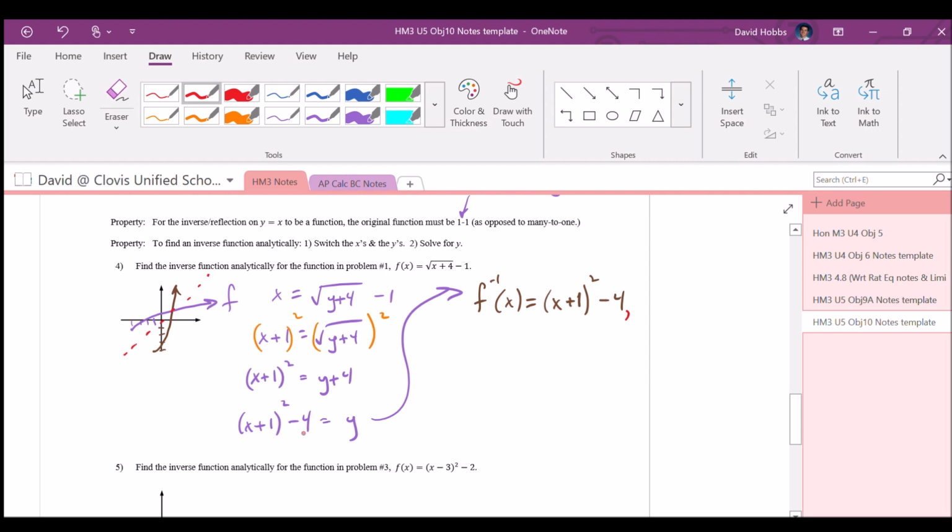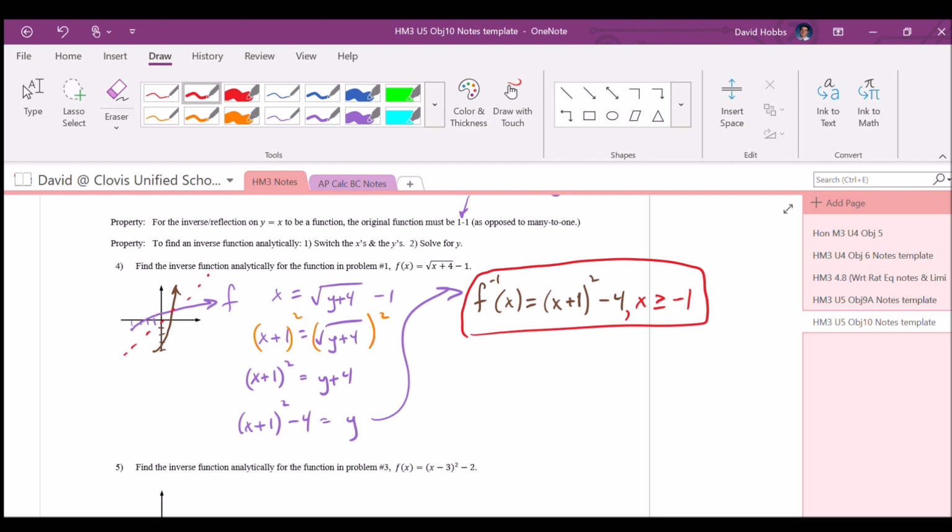Well, how do I identify that I want the right side? Do a little comma, and then you say, okay, I want the right side of the vertex. The vertex is at -1, so I want x greater than or equal to -1. And yes, you need the comma, and yes, you need that x is greater than or equal to -1. So now that is the f inverse.